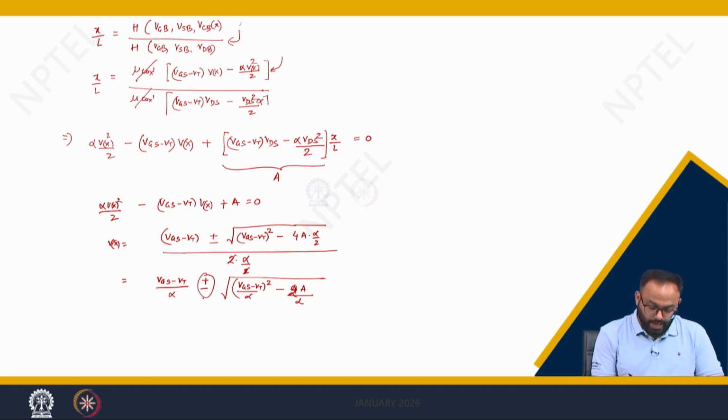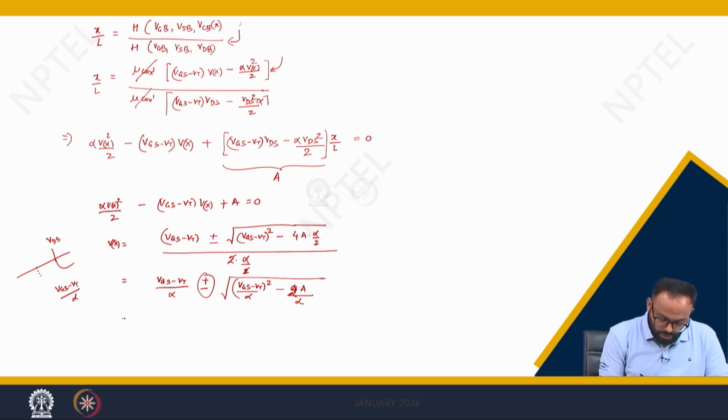I need to choose negative sign, because at the drain edge, when this Vx becomes VDB or VDS, then what will happen? The maximum value will be VGS minus VT by alpha. That is the saturation value, and hence if you are taking the value of VCB before the drain, then definitely it will be lesser than VGS minus VT by alpha.